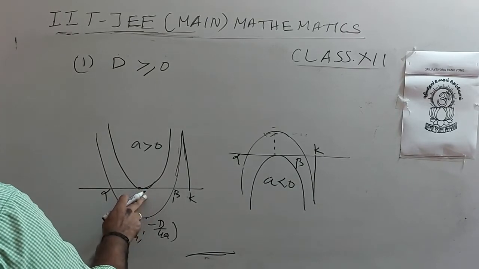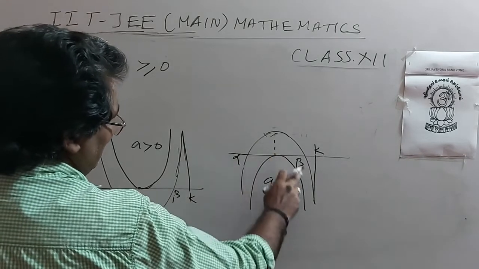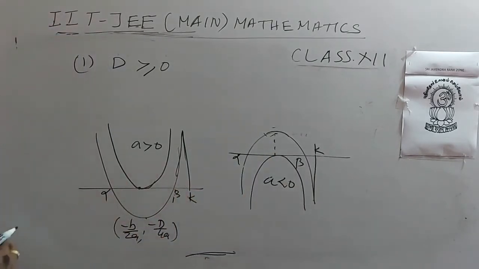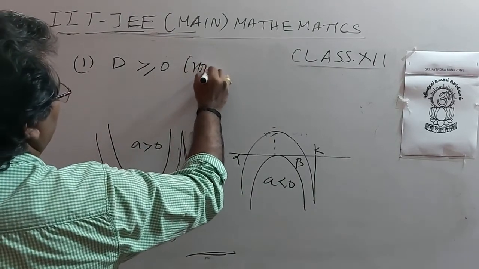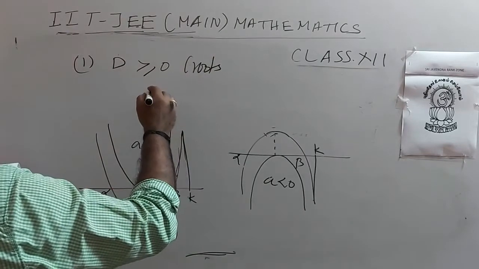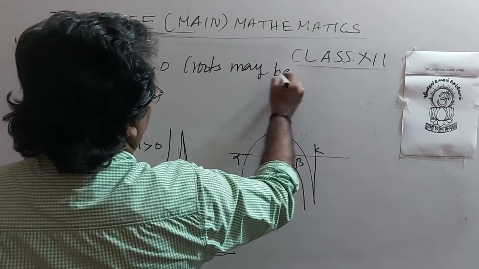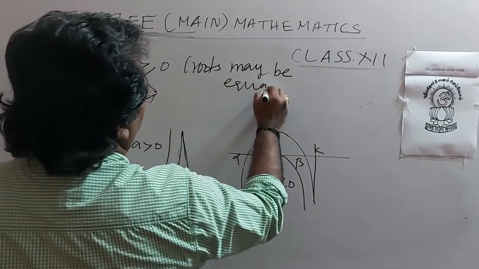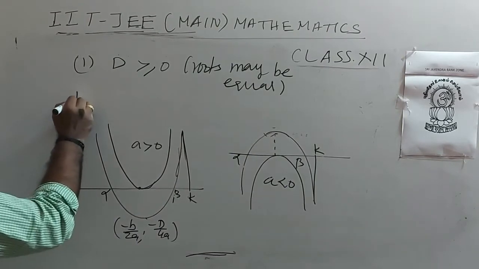It may touch the x-axis or intersect the x-axis. This one is open downward, this is open upward. So D greater than or equal to 0. Roots may be equal.